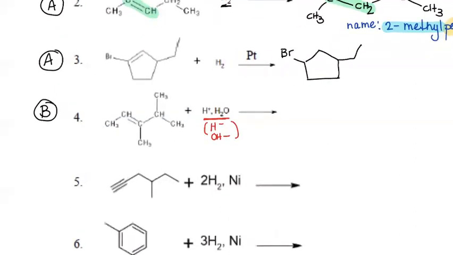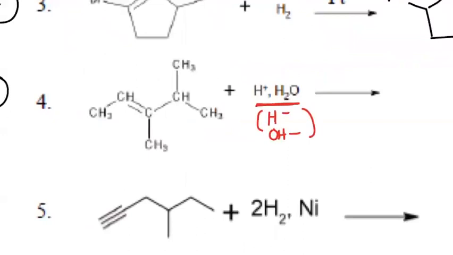I look at my alkene. I'm going to focus on my carbon-carbon double bond. Now, this is the trick about hydration reactions. The hydrogen is going to go to the atom that has the most hydrogens directly attached to them.